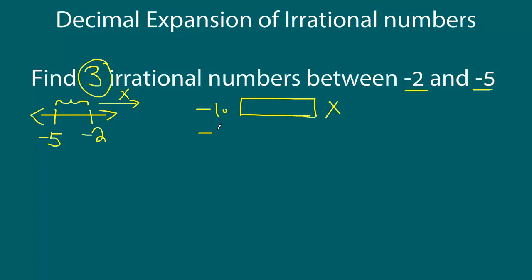Similarly, if we were to write something as -5 point something, will that number work? That also will not work, because -5 point something will be here and that is out of bounds. So we have to write numbers which are here. How do we do that?